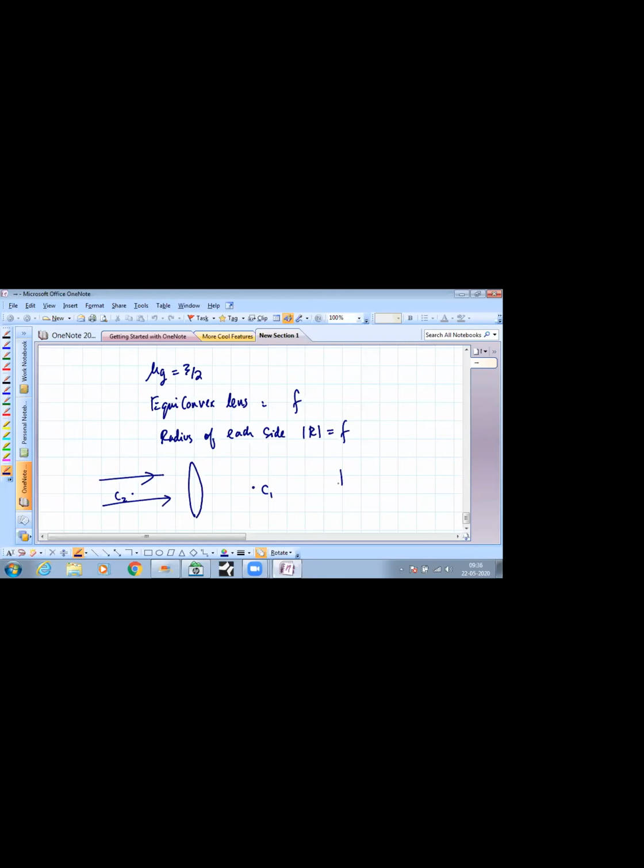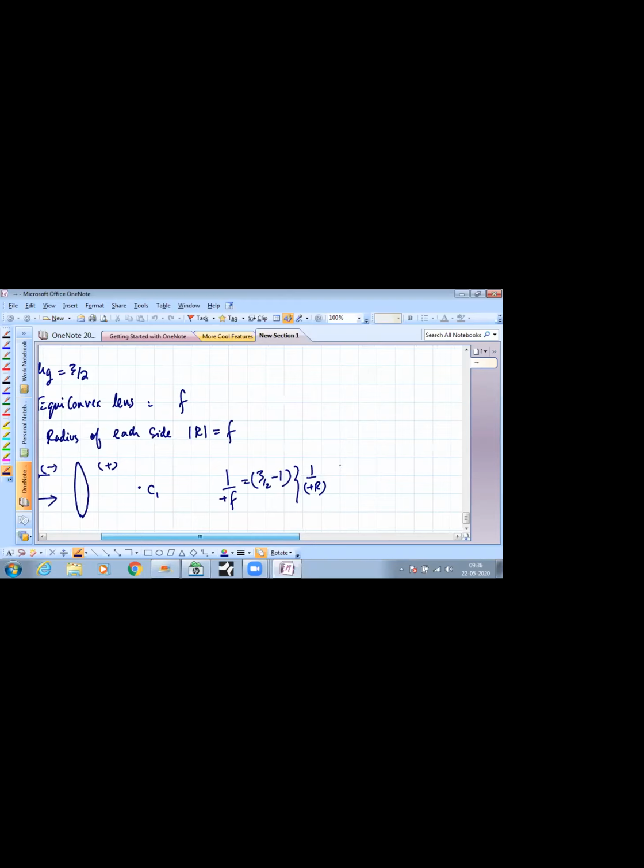If you use the formula with this side negative, this side positive, 1 upon plus f will become mu of glass minus 1 into 1 upon r1, which will be plus r, minus 1 upon r2, which will be minus r. So the focal length has the same magnitude as the radius.